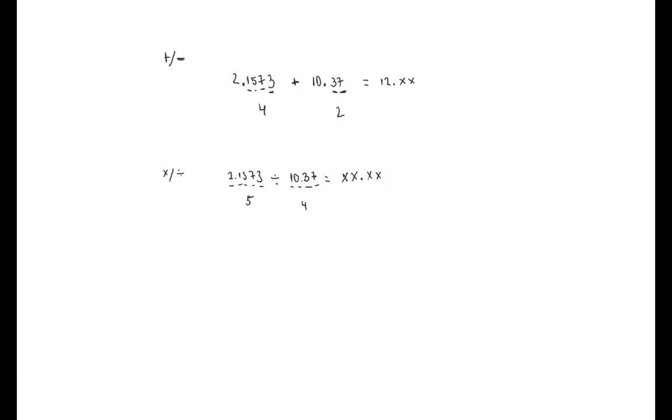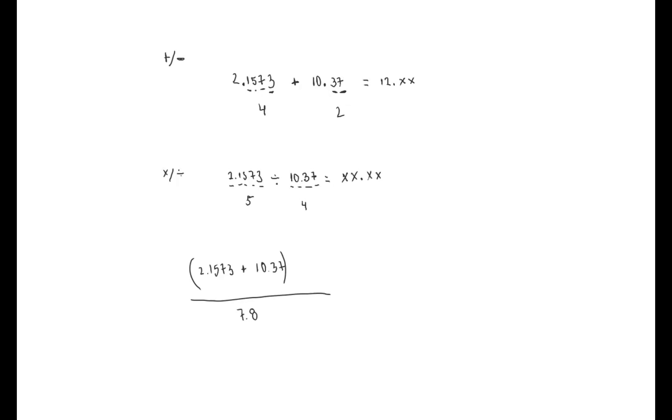So going back to what I was talking about, compound operations. What you want to do is you want to do the first operation first. So let's say we had 2.1573 plus 10.37. Okay, and that's in parentheses, and it divides by 7.8. Let's just say that, okay?